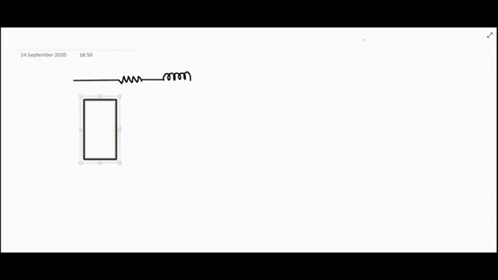Right? This is your X0, R0, current flowing through this IC. This is I magnetizing. Let us complete this circuit. From here I will put one line.